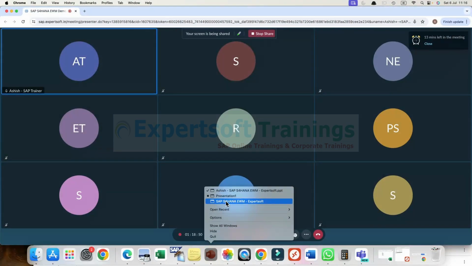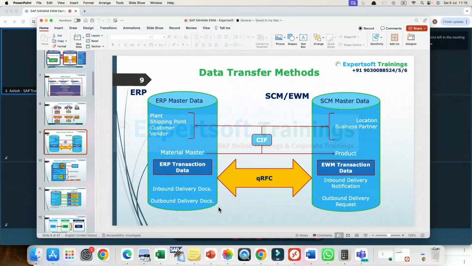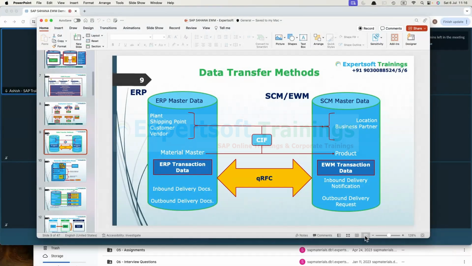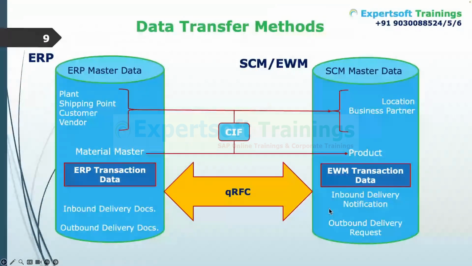Okay, can you rephrase your question so that I can properly understand and answer it? So as I understood during your explanation, the CIF is the core interface for the master data. Am I correct? Yes, you are right. And QRFC is for transactional data.